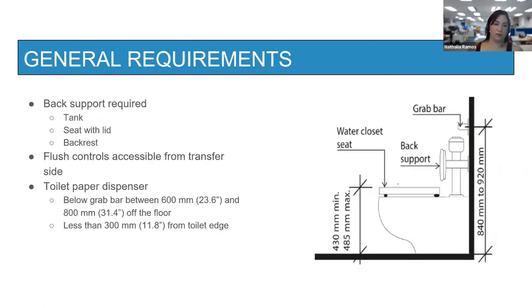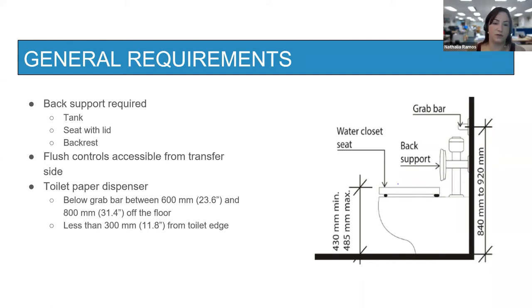General requirements: you have to provide a back support. It can either be the toilet tank, a seat with the lid, or, if you're using an automatic sensor flush valve, you can provide a backrest. The flush controls need to be accessible from the transfer side.